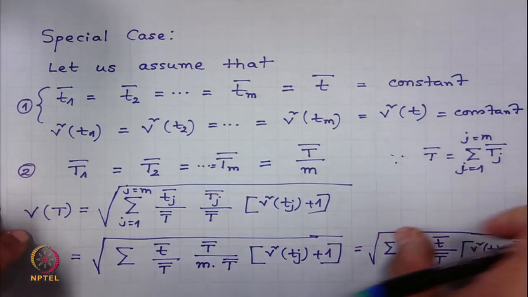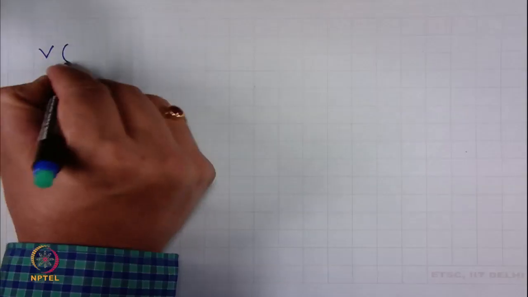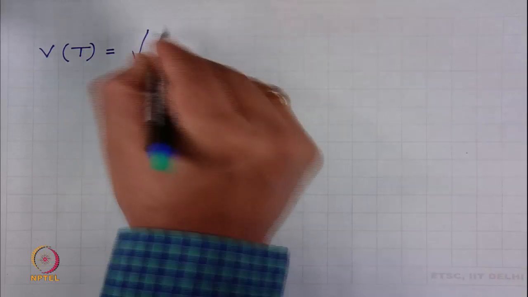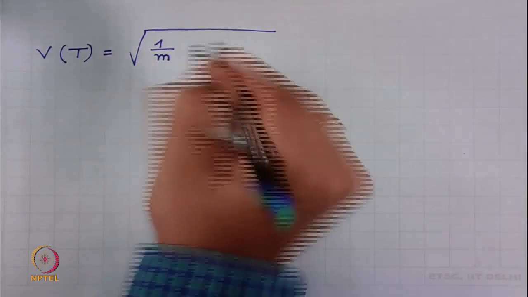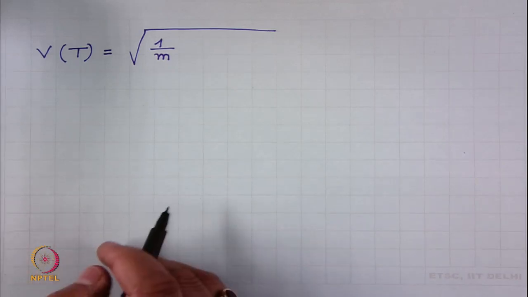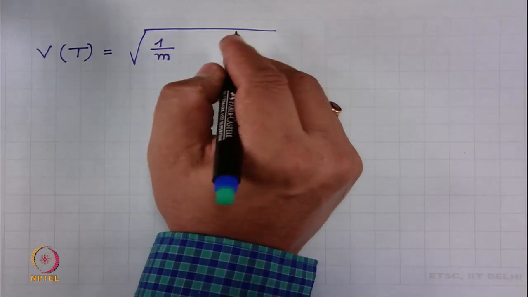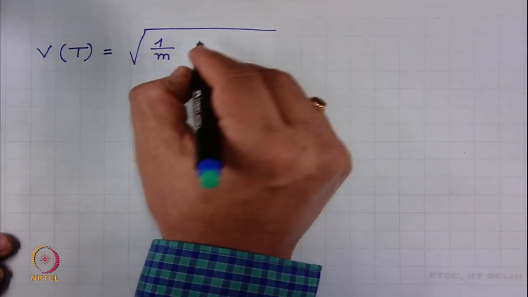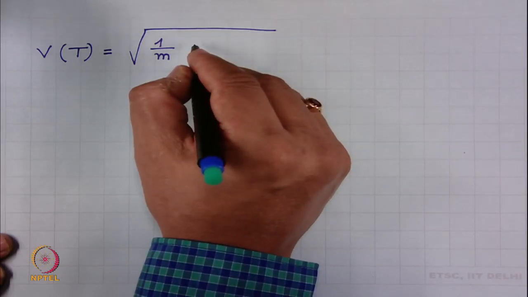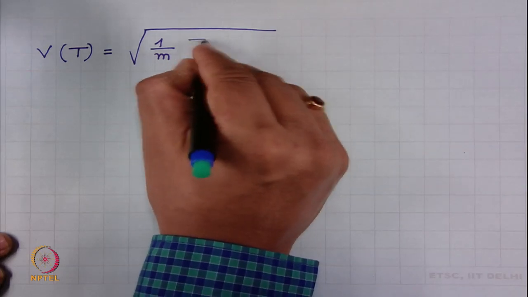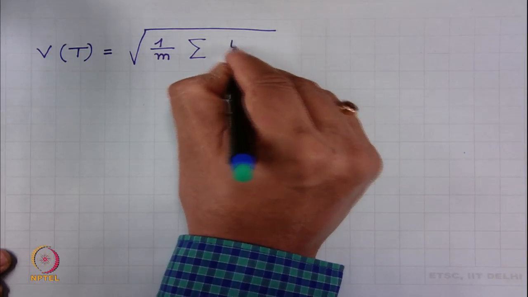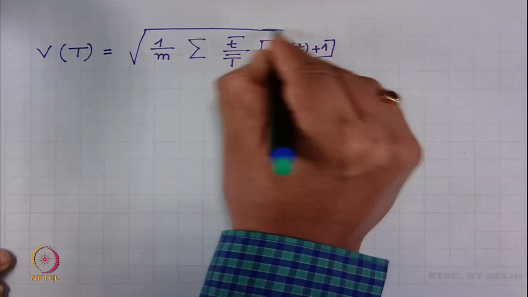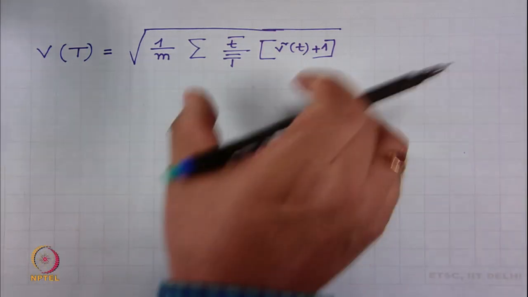So, further we can write it as V T is equal to one by m, T bar by this into v square T plus 1. So, this becomes a constant.